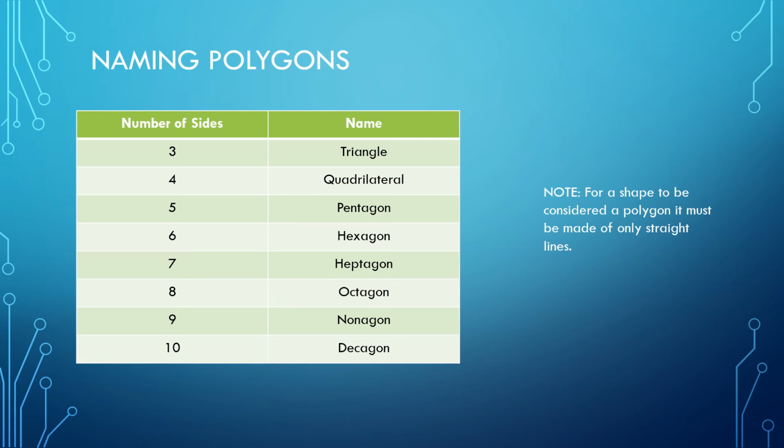So if it's three sides, we've got a triangle; four sides, a quadrilateral; five, a pentagon; six, a hexagon; seven, a heptagon; eight, an octagon; nine, a nonagon; and ten, a decagon. Now we may be able to specify in more detail what type of those it is.